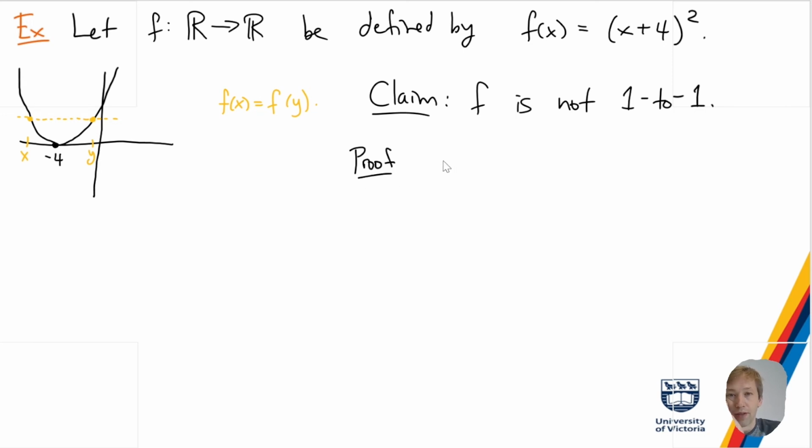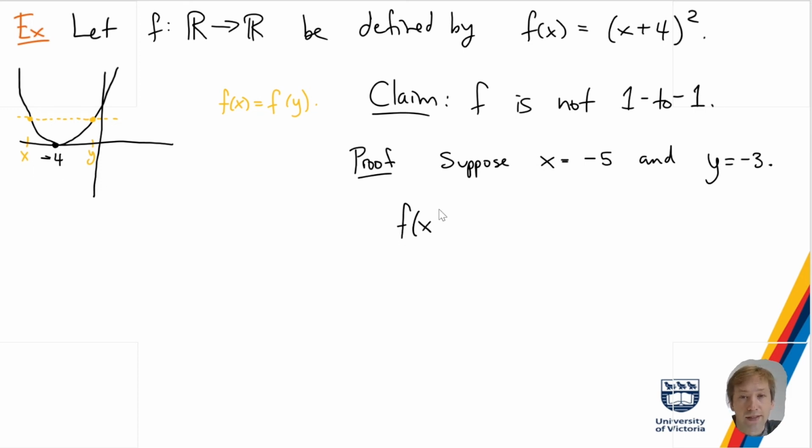So for example, suppose we take x equals -5 and y equals -3. And I've chosen that specifically so that I know that the f value at these numbers will be the same. I chose them to be on opposite sides of the number -4, just like in the picture.